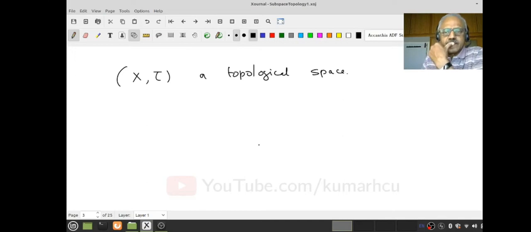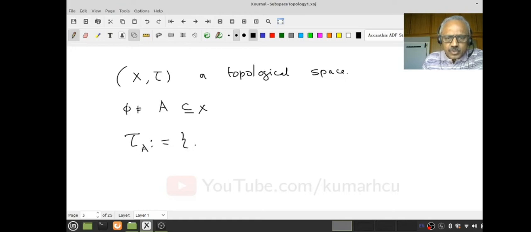All right, and suppose A is a subset of X. To avoid triviality, let's assume A is non-empty, right? Then the subspace topology tau_A is defined to be the collection of U intersection A, where U is in tau. If you want I can write tau_X, but I'm writing tau_A, right?